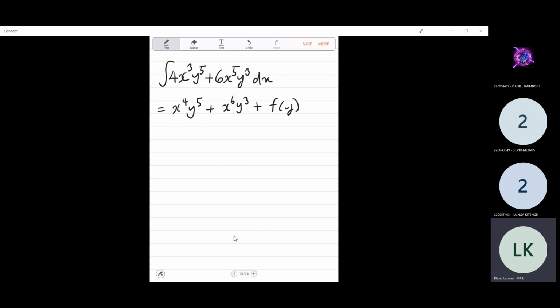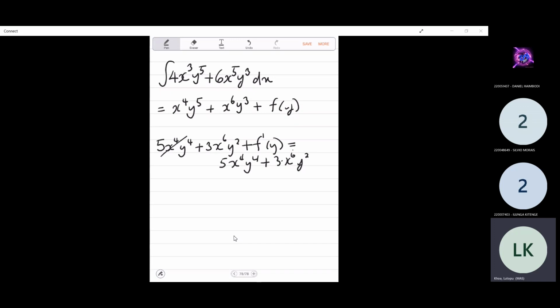Then we will differentiate this with respect to y and equate it to q. So we have 5x to the power of 4, y to the power of 4, plus 3x to the power of 6, y squared, plus f prime of y. And this must be equal to q, which is 5x to the power of 4, y to the power of 4, plus 3x to the power of 6 y squared.